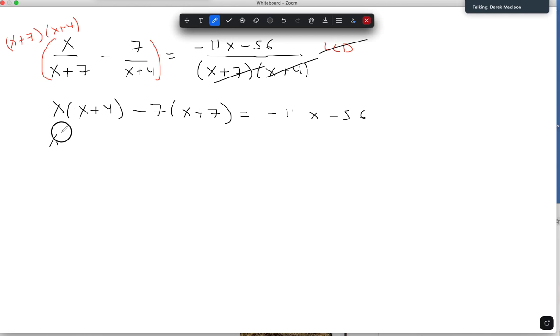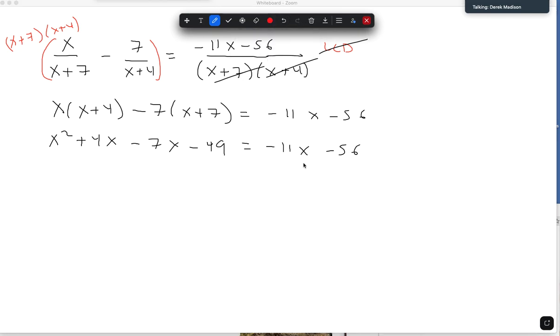X and x for x squared, plus 4x minus 7x, and careful with my sign, minus 49, equals negative 11x minus 56. And here's what I didn't show on the last one: plus 11x plus 56 on both sides.